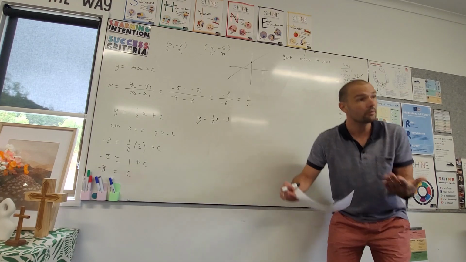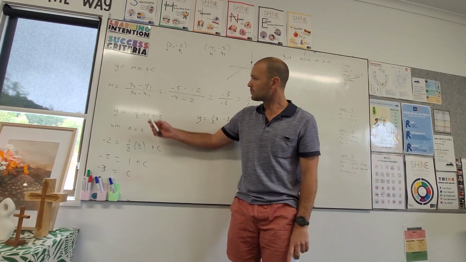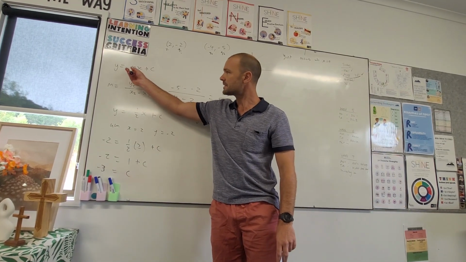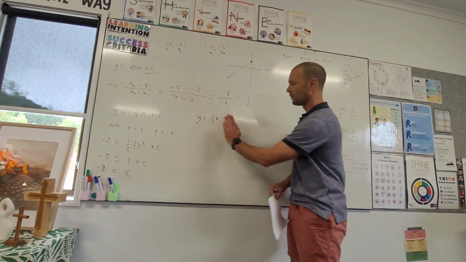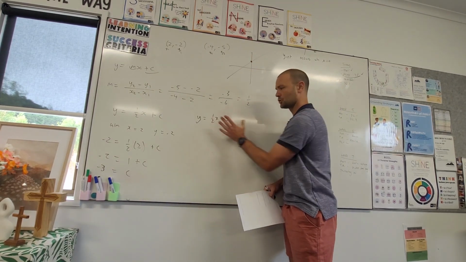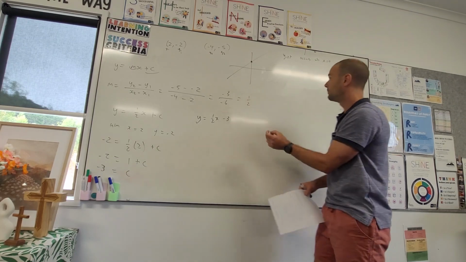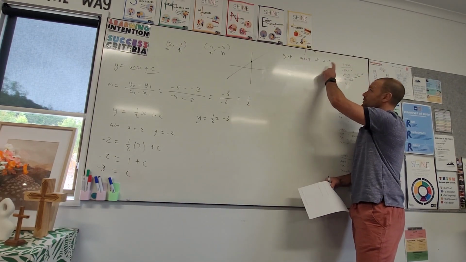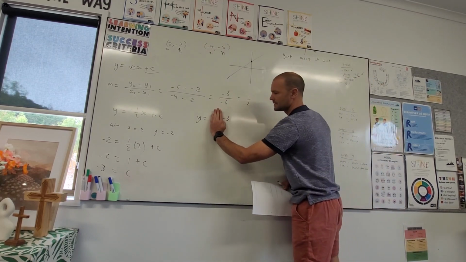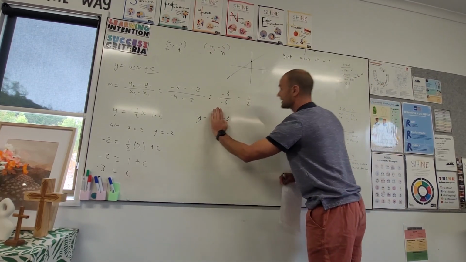Of course, we know that's the case because y equals mx plus c, m is the slope, c is the y-intercept. The y-intercept always occurs when x is 0. If we put x is 0 in, y is minus 3.